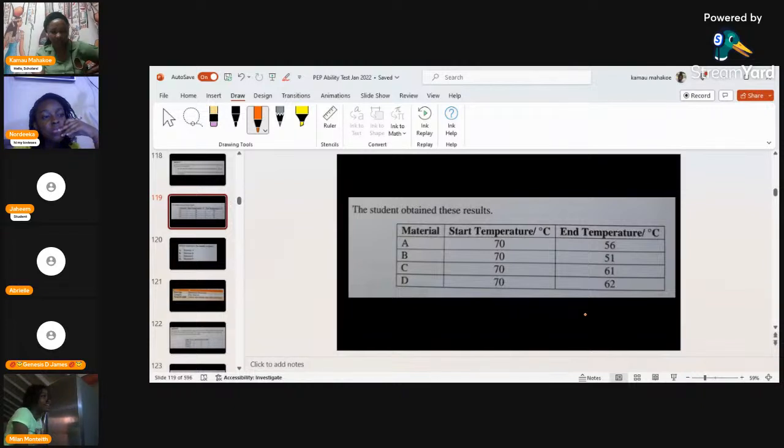Okay, so D is 62 degrees. So how much heat has been lost from material D after the 10 minutes?